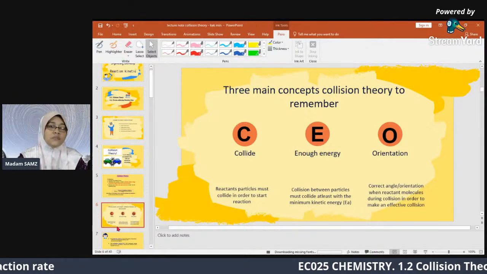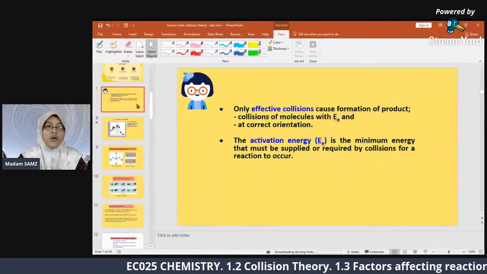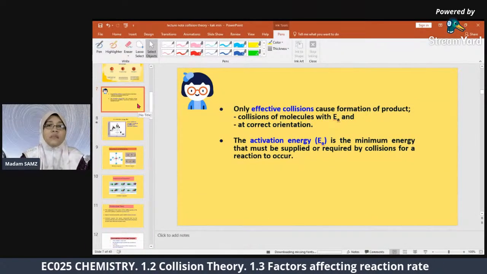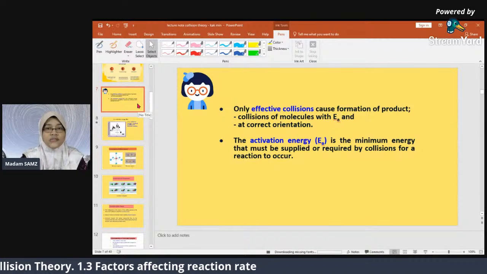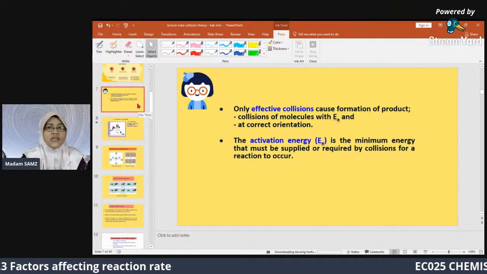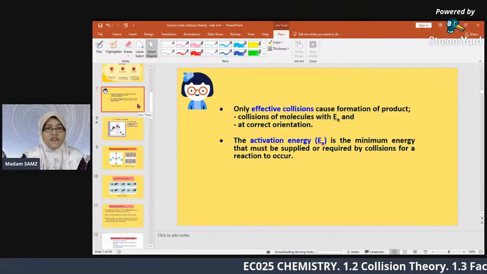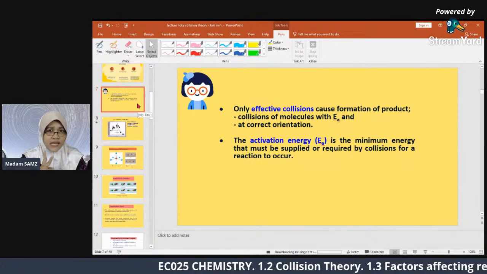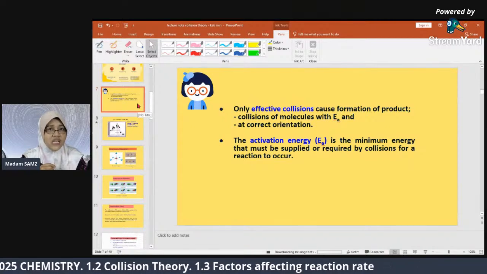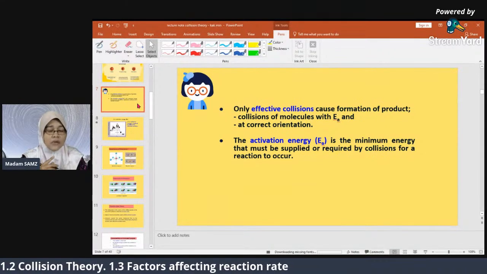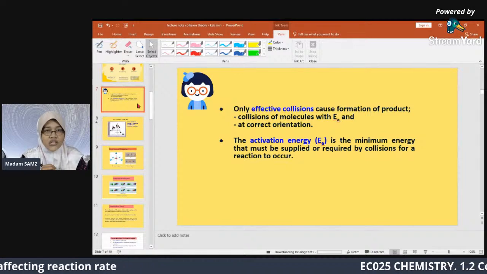So let us move to the next slide, where we are talking about effective collisions. What are effective collisions? An effective collision can cause the formation of products. Effective collisions must have 2 things. The first one, the collision must possess enough energy, that we call effective energy.